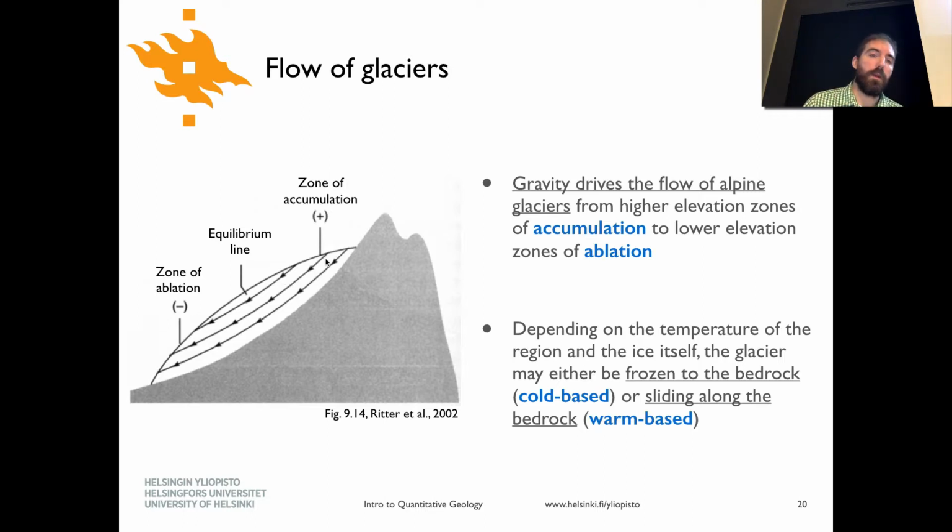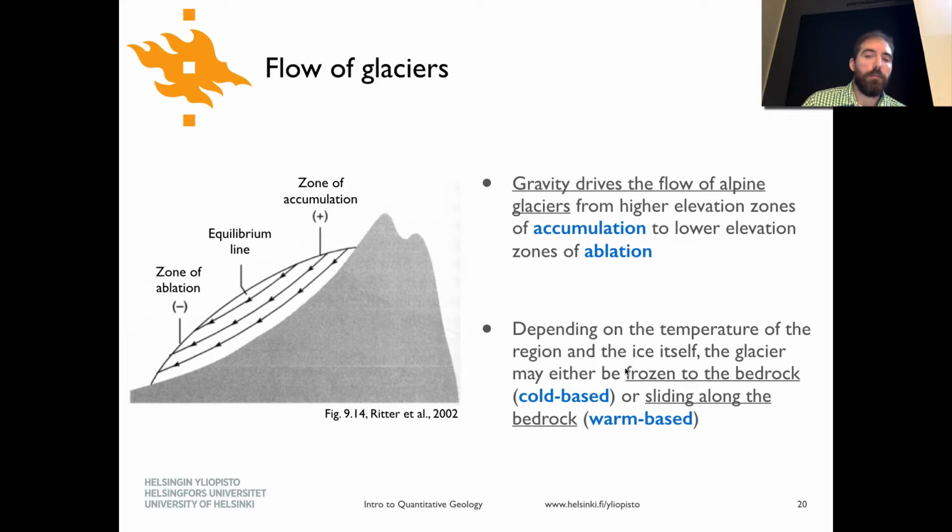And what happens in between is flow of ice from high elevation to low elevation driven by gravity. So if the ice thickness is big enough, the fluid, ice in this case, will begin to shear and flow down toward low elevations.